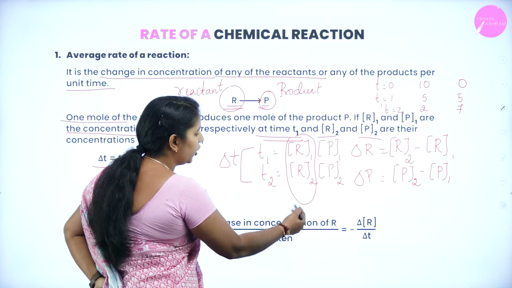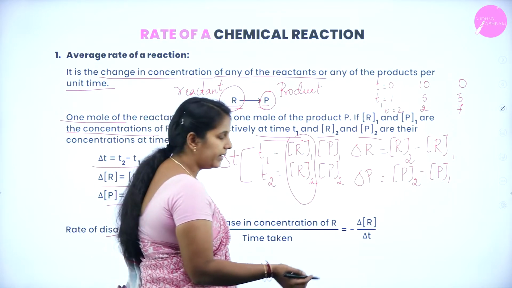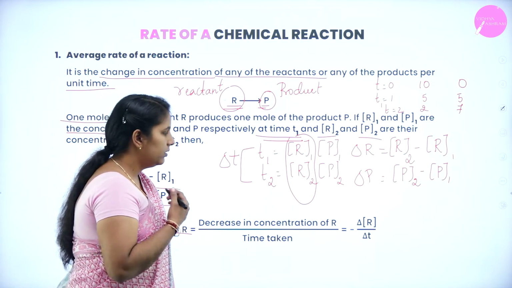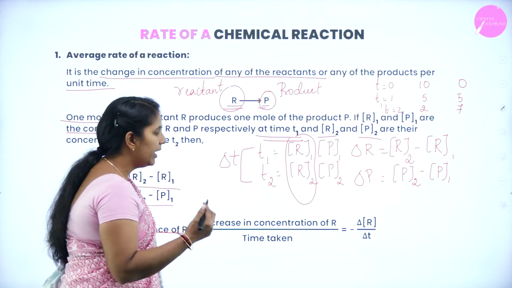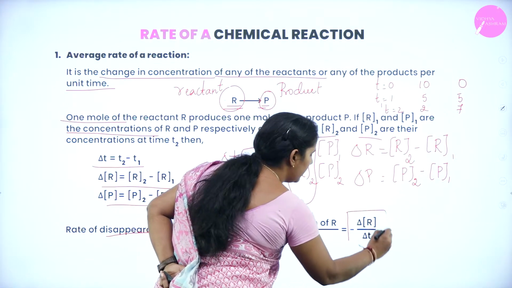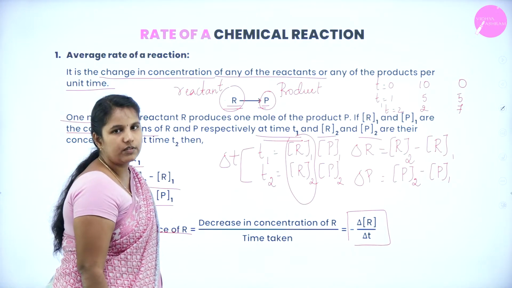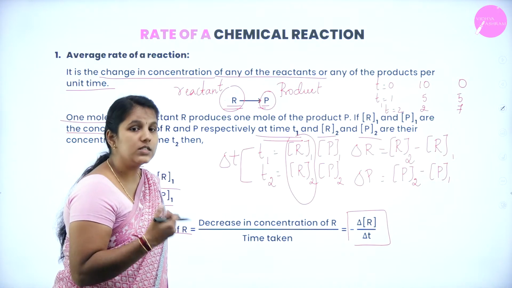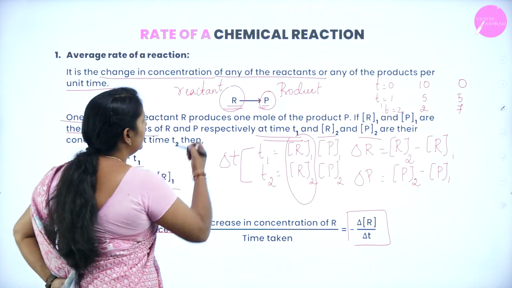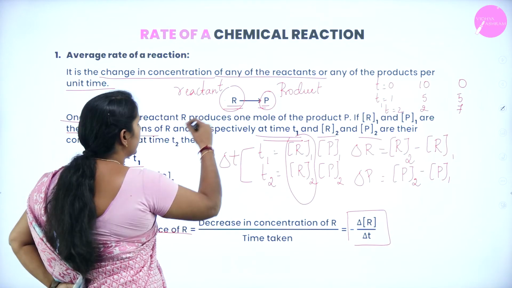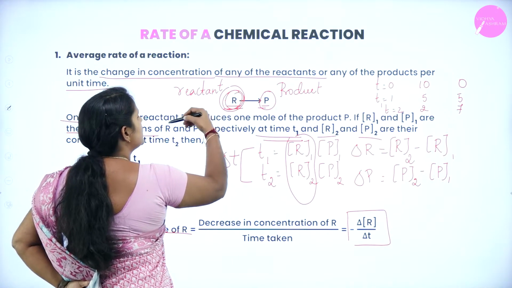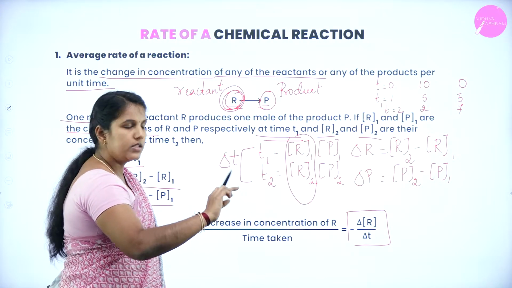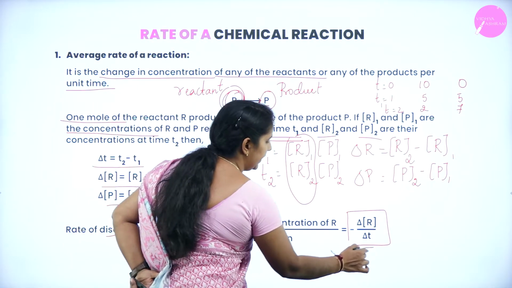The decrease in the concentration of R can be written as delta R divided by delta T. Remember, it is minus delta of the molar concentration of R divided by delta T. Why is it so? Because during the chemical reaction, the reactant forms a product and the concentration of the reactant decreases. So it will be in the negative form.